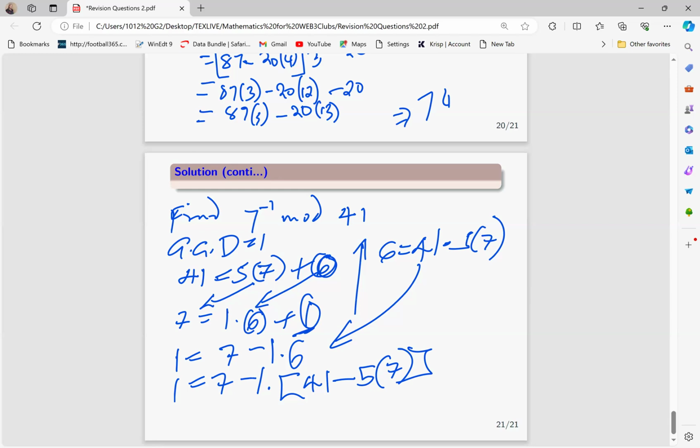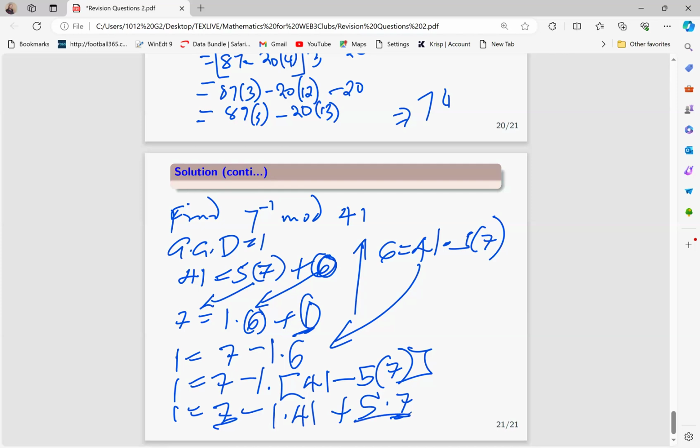So, this is the last page. So you do 1 is equal to 7 minus 1 times 41, which is 1 by 41. So here it becomes plus 1 times this one, positive 5 times 7. Collect like terms.